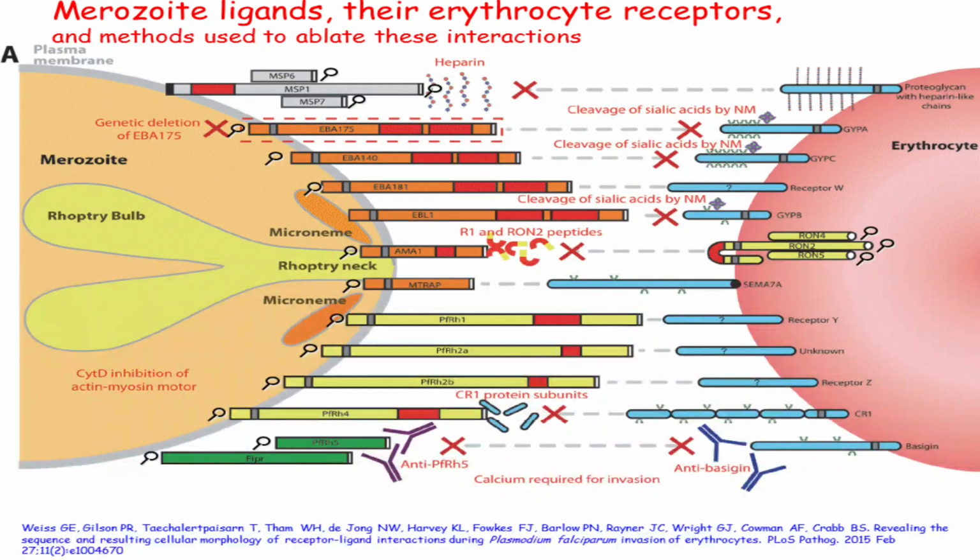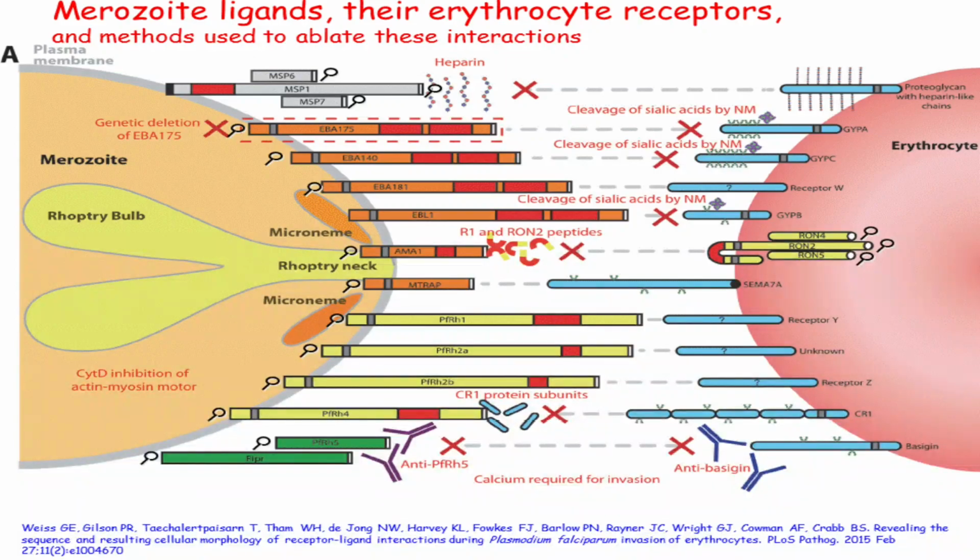So here is a diagrammatic feature of merozoite ligands. These merozoite ligands are produced by the parasites, by the micronemes and Rhoptry. The erythrocyte receptors have been shown here. We can see the Rhoptry bulb here, and then the Rhoptry neck, and beside the Rhoptry neck we have micronemes, which produce EBA.